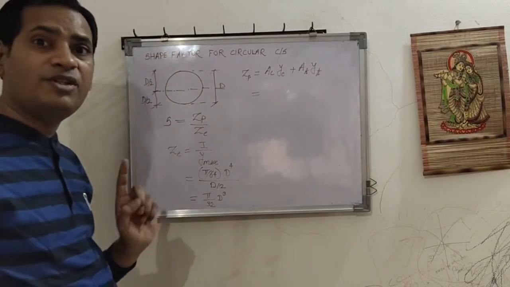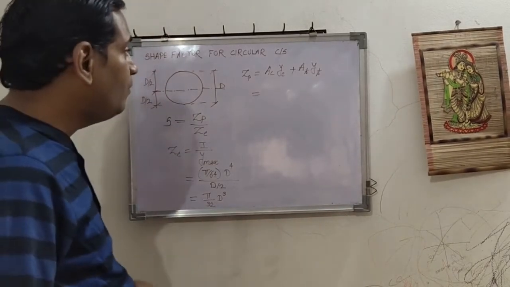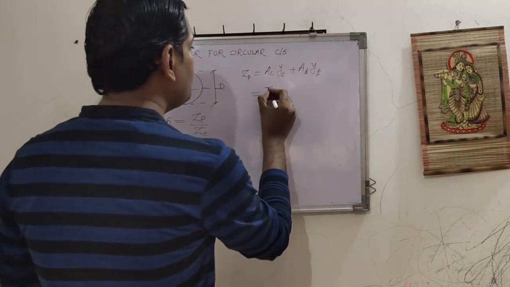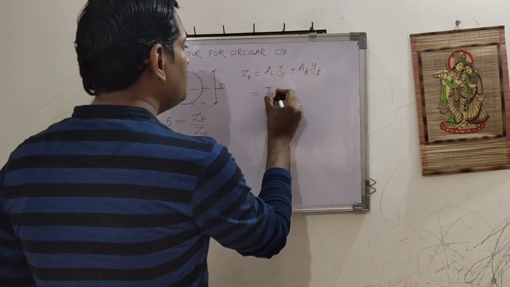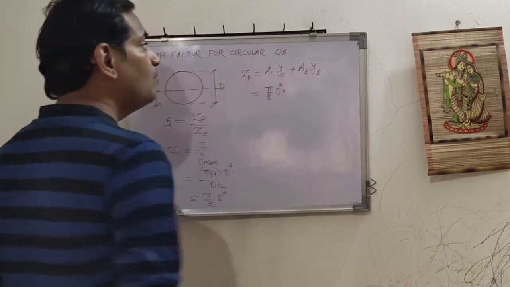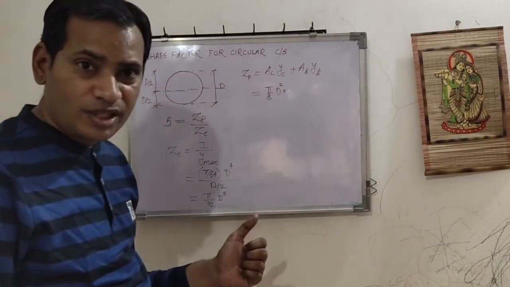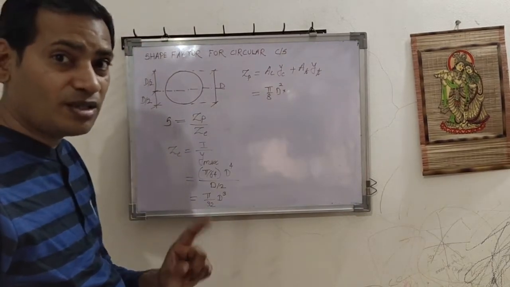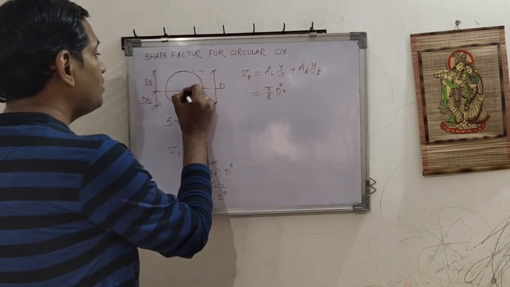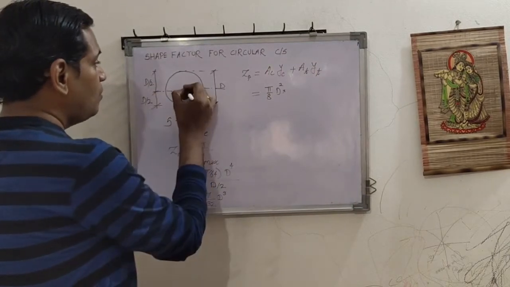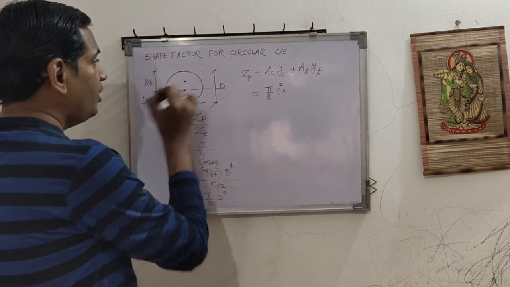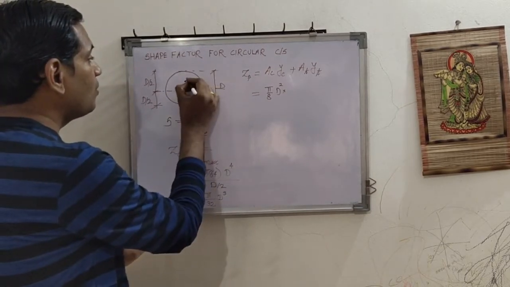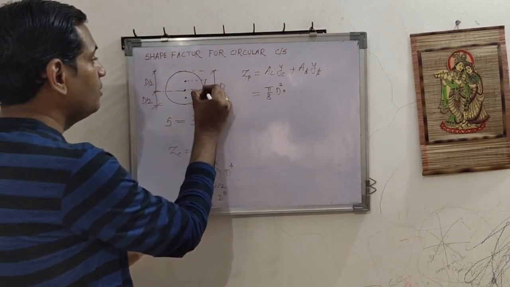Pi by 4 times d square. So its half value will be pi by 8 times d square. So area in compression is pi by 8 times d square into YC. This is somewhat tricky. You must remember the centroidal distance for a semicircle. Now where is the centroid? Here. So you need to find the centroidal distance of the compression zone as well as the tension zone from the neutral axis.